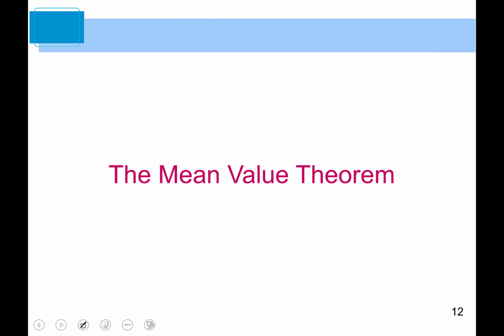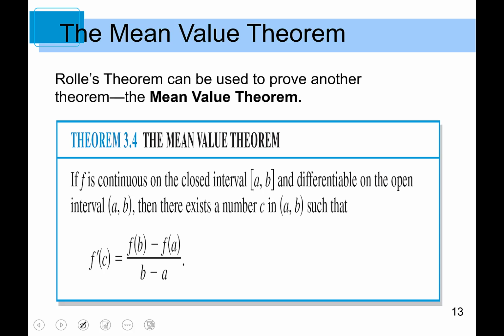The next thing, let's take a look at the mean value theorem. People usually abbreviate it as M.V.T. And Rolle's theorem could be used to prove another theorem, which is the mean value theorem.